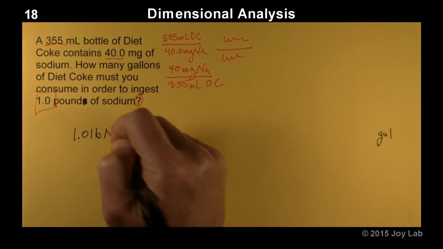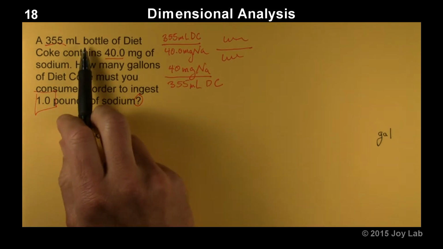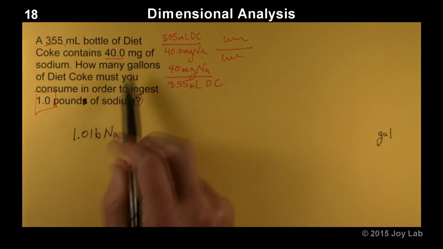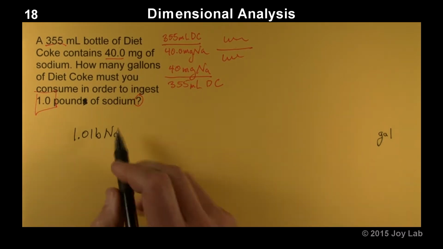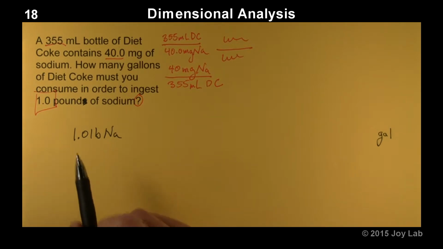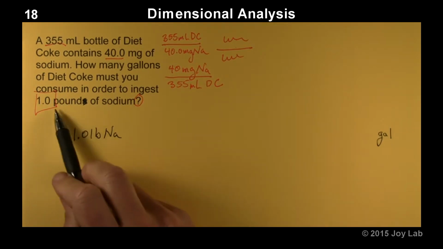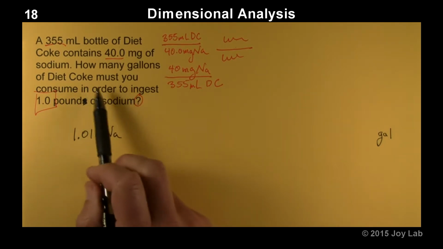We need to start keeping that stuff straight because we have volume, a bottle. In this case, the only mass units are for sodium, but we just got to be careful with that. So we have 1 pound of sodium. Now, what's our ticket between mass of sodium, because pound of sodium is a mass, technically it's a weight unit, and volume?